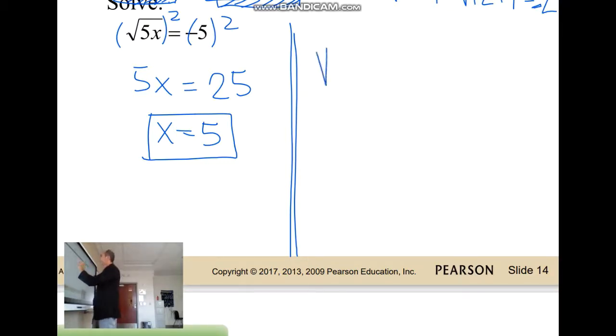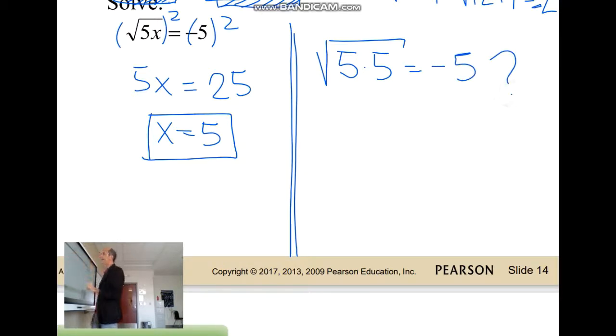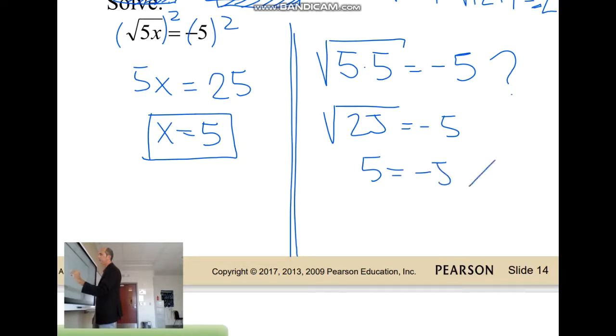The square root of 5 times 5 equals negative 5? The square root of 25 equals negative 5, and 5 equals negative 5. This is not true. It's a false statement.